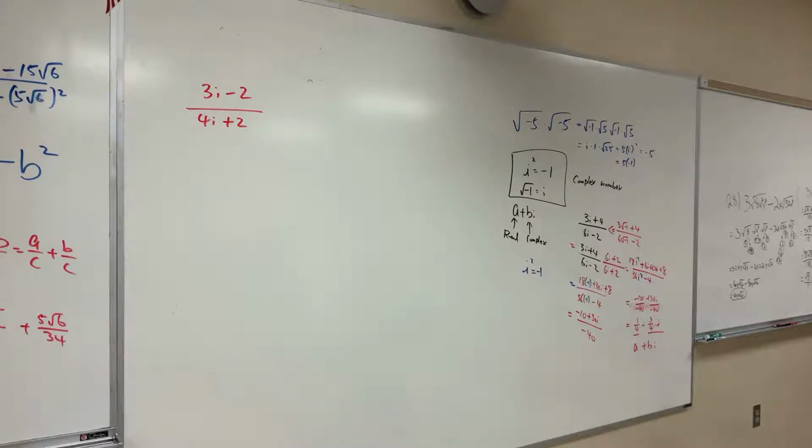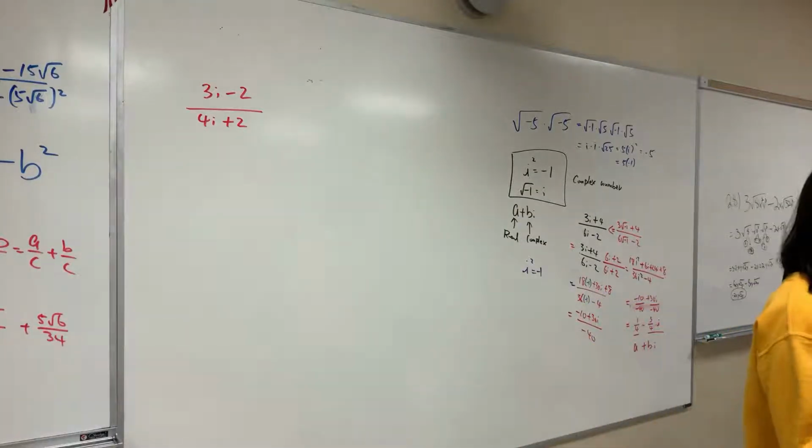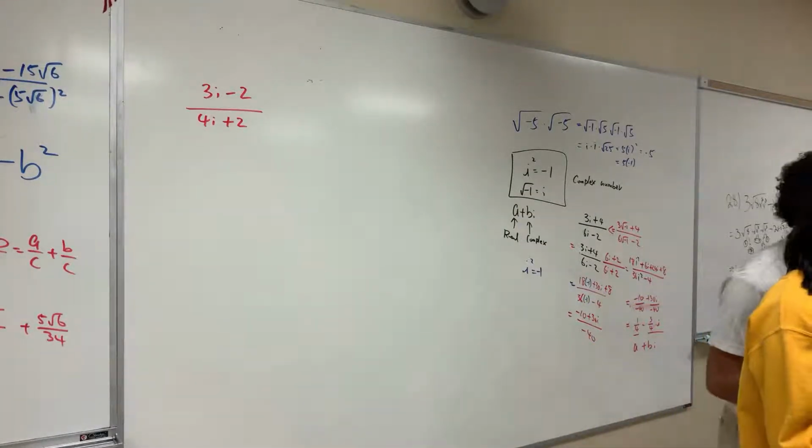Minus 6 and 8. What'd you get? 5 plus 7i over 10.